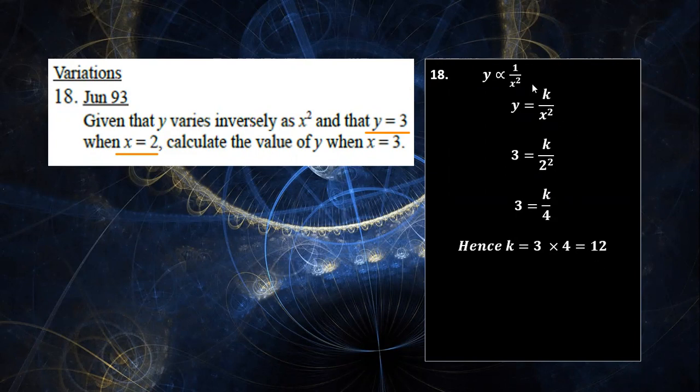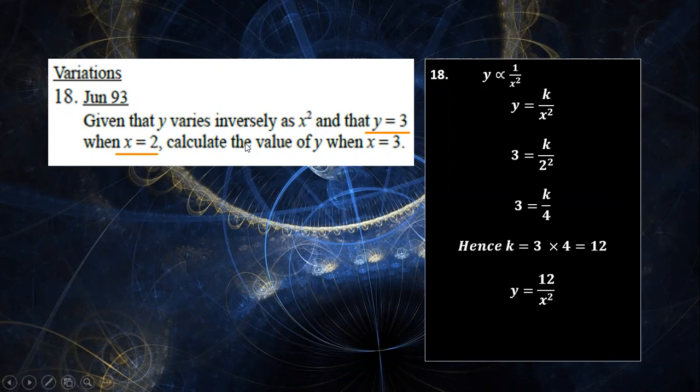So I'm going to rewrite this equation, and instead of placing k, I'm going to put 12 instead. So y is equal to 12 over x squared. Any questions there? Next, I'm going to use this equation to solve.